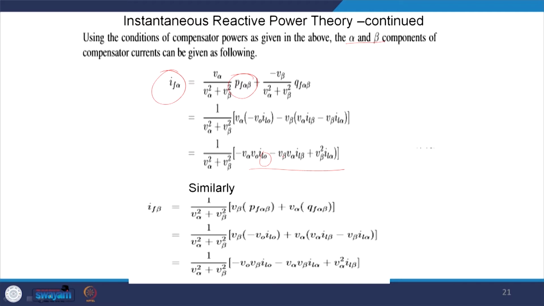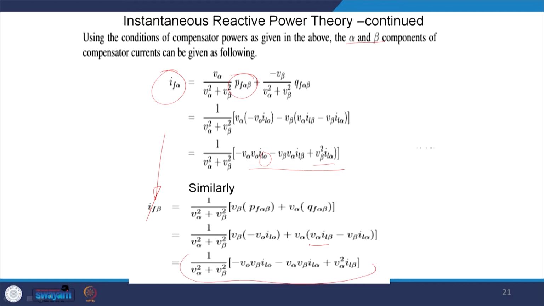Similarly, it is V alpha V beta and I L beta and similarly I alpha, and thus this component also comes I F B. So, 1 by V alpha square plus V beta square equals V beta P alpha beta plus V alpha Q alpha beta, and 1 by V alpha square plus V beta square equals V beta minus V 0 I L 0 plus V alpha I L beta minus V beta I alpha.